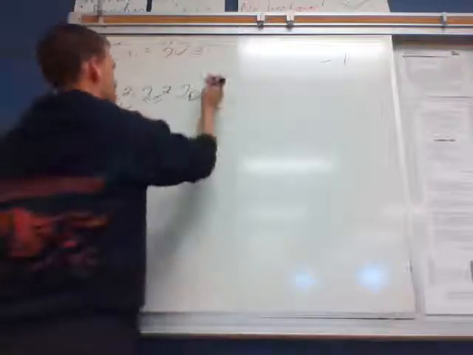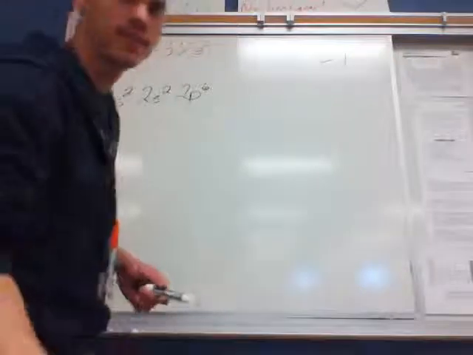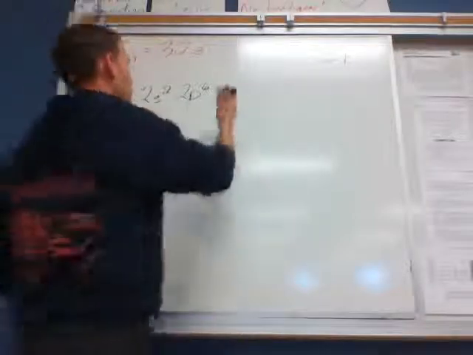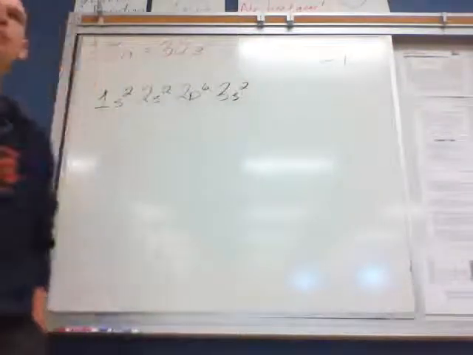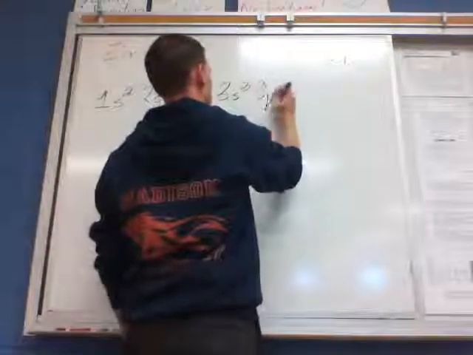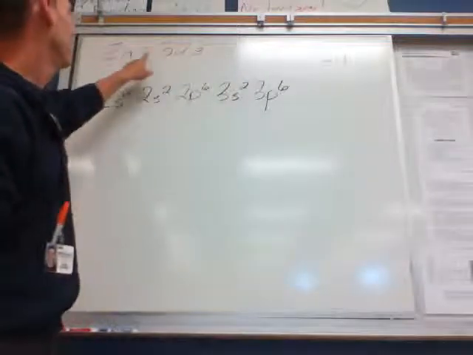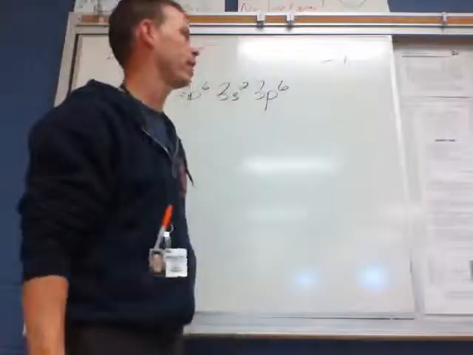He's got 6 squares because he's got those 3 orbitals, each holding 2 electrons apiece. After 2p comes 3s2. After 3s2 comes 3p6. Now remember, we're trying to get to zinc, so our exponents will need to equal 30.